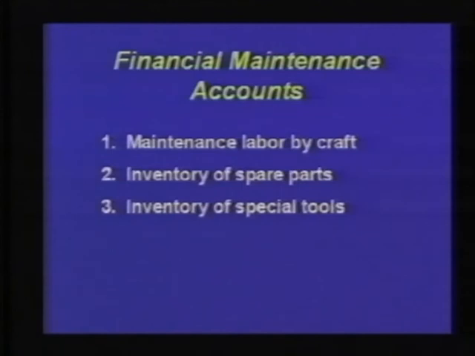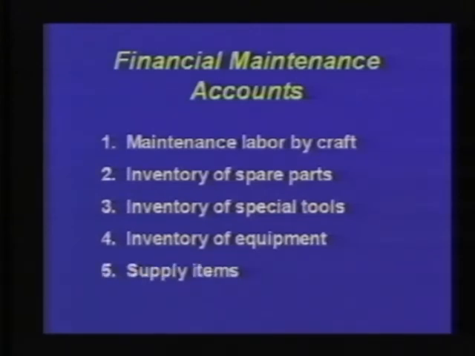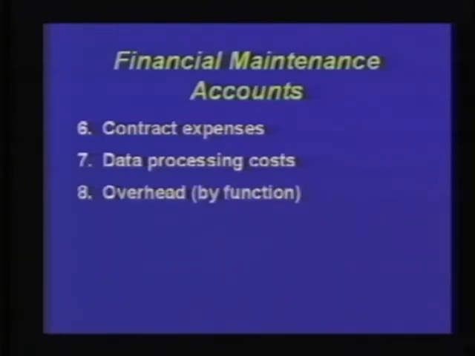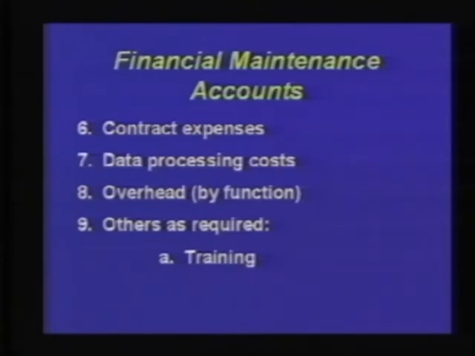The inventory account for special tools, the inventory for special equipment, and then item 5 would address, let's say, the supply items used by the maintenance department. Item 6 would be the contract expenses, and 7 would be the various data processing costs. And 8 would be the overhead by function within the maintenance management organization, and 9 would be other costs, and 1, as shown here, A, would be training and so forth.